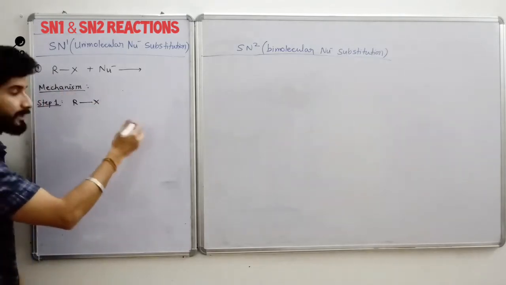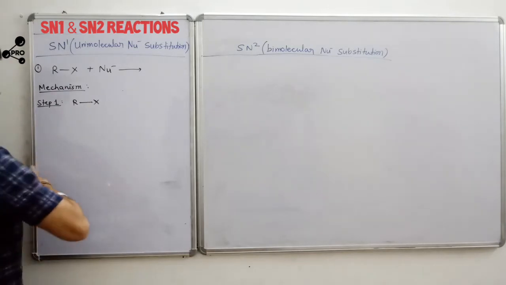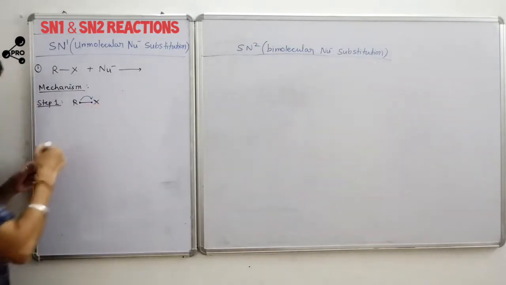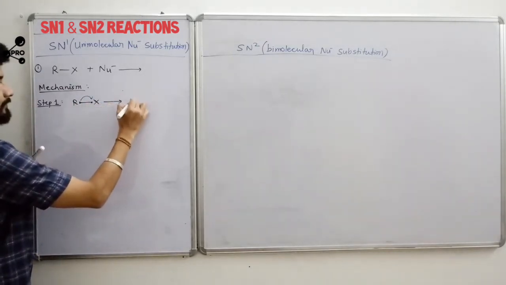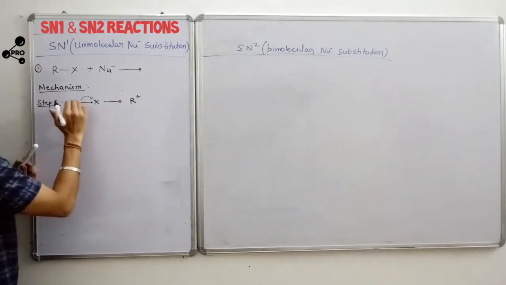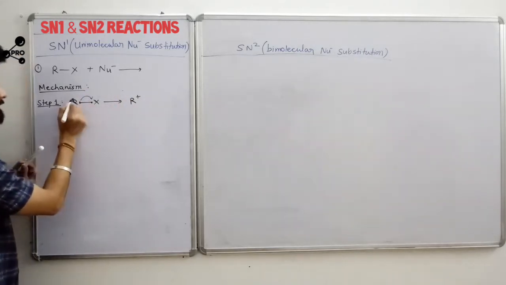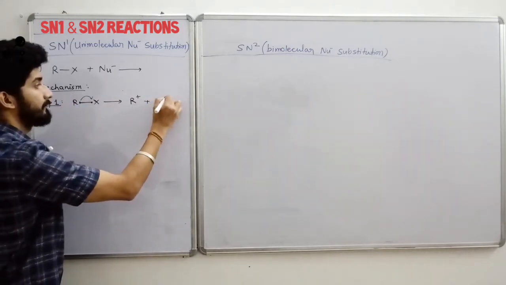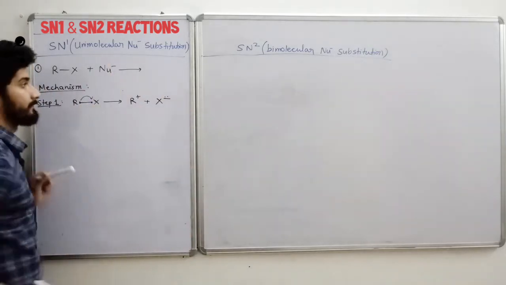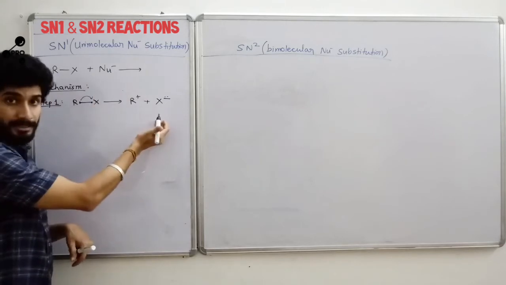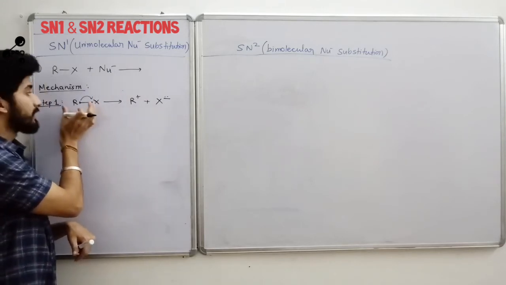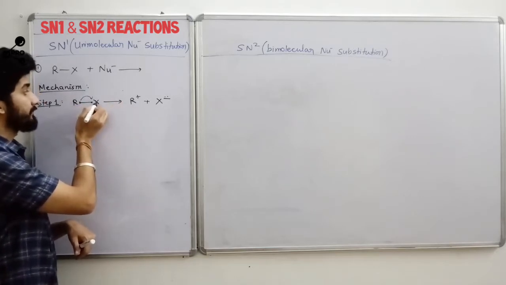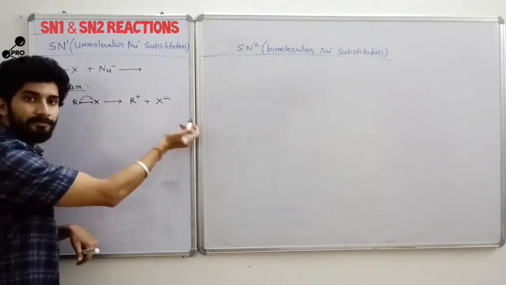So the halogen will attract the two bonded electrons to itself, and the alkyl part will become R positive, and the halogen will carry a negative charge and become a halide ion, X negative. Because of its electronegativity, it attracts these two electrons and detaches from the compound.